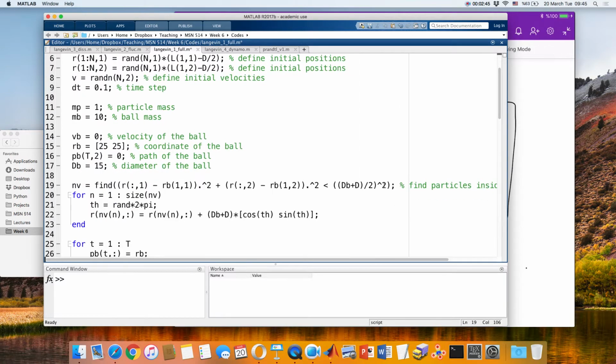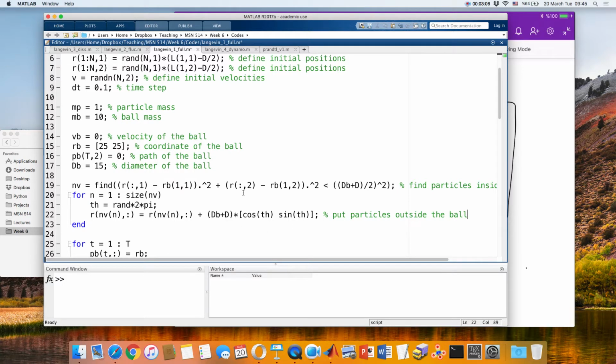So we don't want to start with particles inside the ball, right? Then this line will put particles outside the ball. Does it make sense to everyone? And do you understand how it is done?